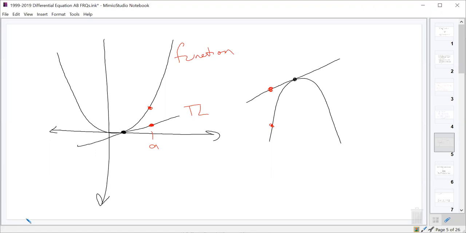So this is concave up. Tangent line is an underestimate. Concave down. Tangent line is an overestimate. I would almost guarantee that they will ask you this in some capacity somewhere in the free response questions, most likely in the differential equation. Okay.